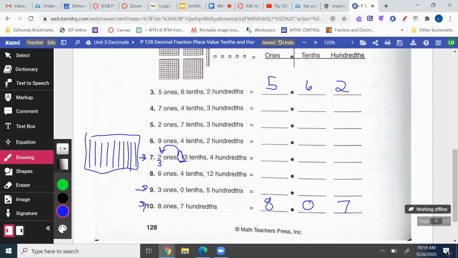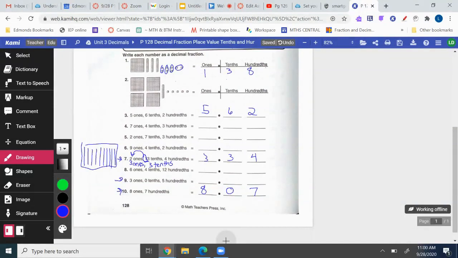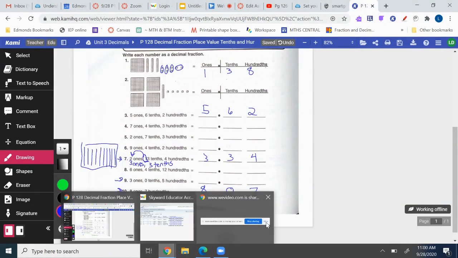So it's really 3 ones and 3 tenths. So this would be 3.3. I do believe that you should be able to finish this one up independently on your own, but if not, come find me during office hours and I'll help you out.